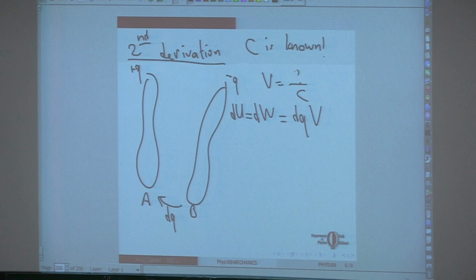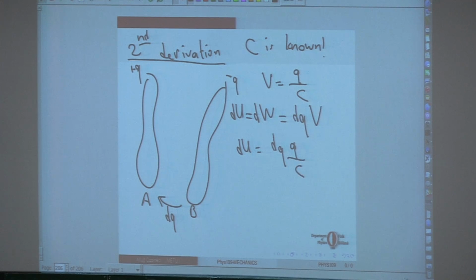At this instant, the charge is small q, so the potential difference is Q over C. So dU, the change in the potential energy of my system, is dQ times Q over C.